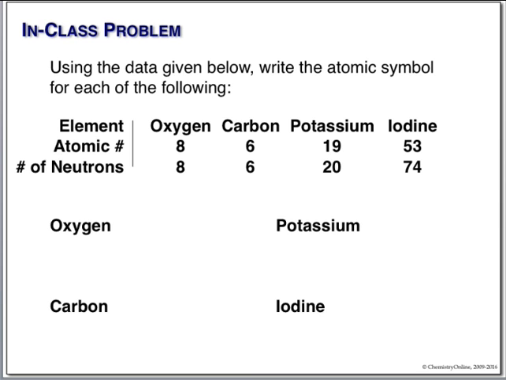Our atomic symbols, in case you've forgotten, oxygen is O, carbon is C, potassium is K, and iodine is I. Starting with oxygen. 8 protons, 8 neutrons, that's 16. And the atomic number is 8.